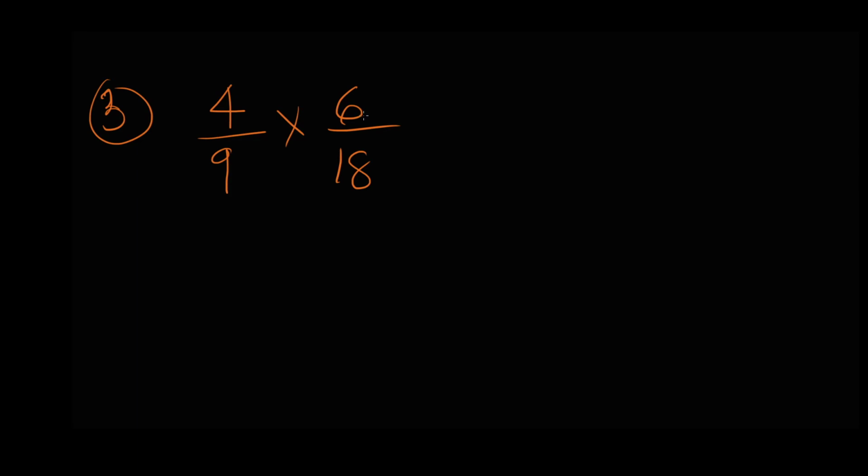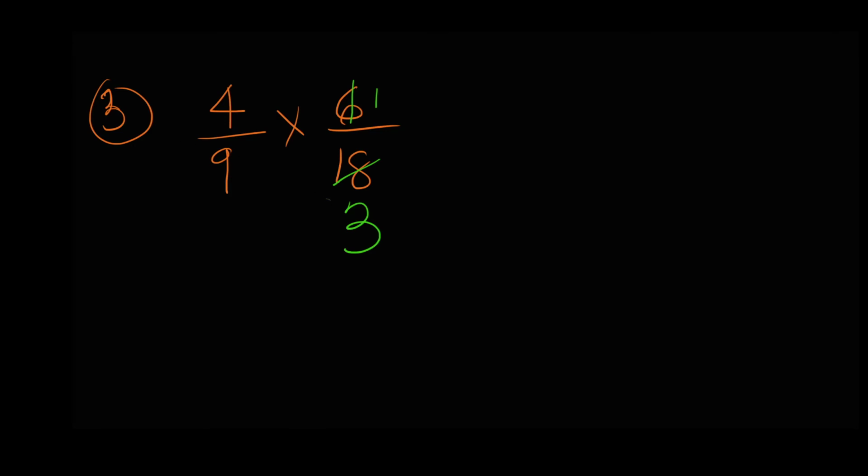6 can go in 6. 6 can also go in 18, right? So I can look at this and I can say 6 in 6 is 1, 6 in 18 is 3, right? So if you take a look at the remaining numbers, this is 4 and 9, this is 3. There is no common factor between the numerator and denominator anymore.